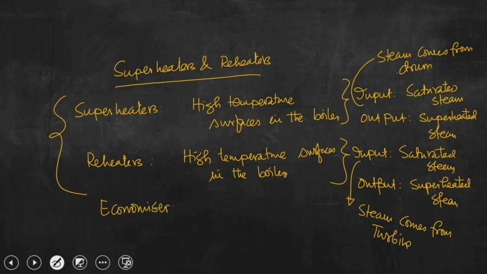Okay. And finally, this economizer that we have discussed in the last slide, this is a low temperature surface. Right, because after releasing heat to the water and again to the saturated steam, the temperature of the flue gas is further extracted to increase the temperature of feed water in the economizer. And so, you can understand the temperature.